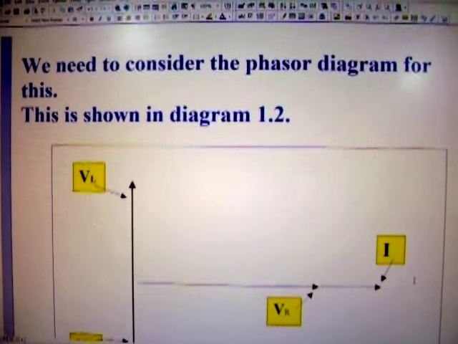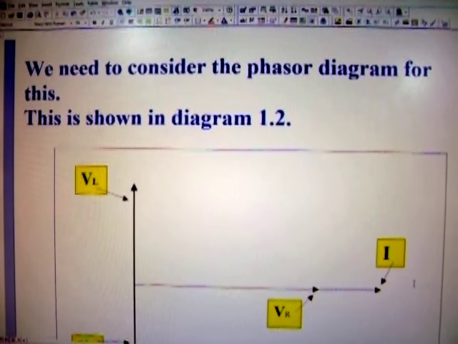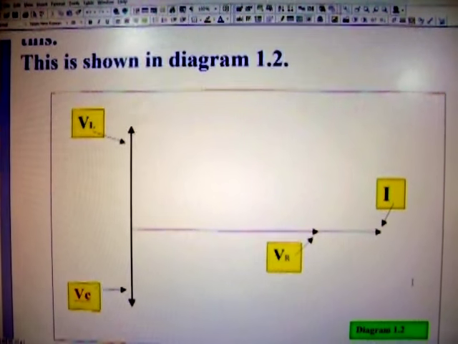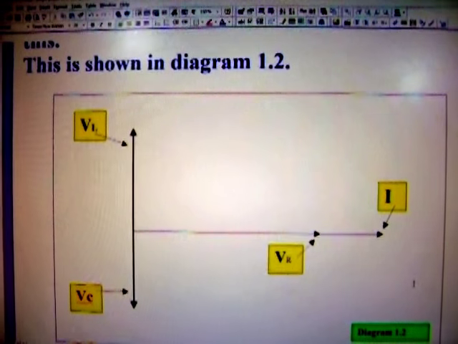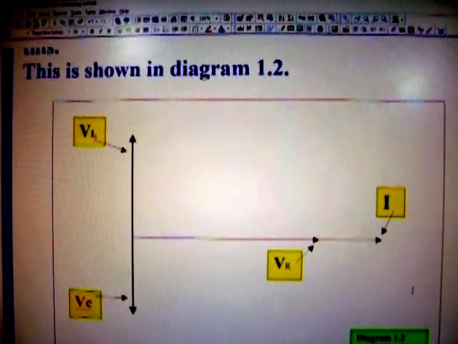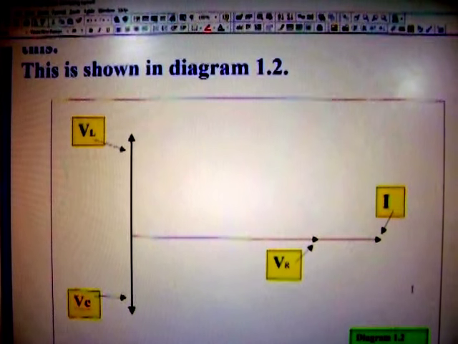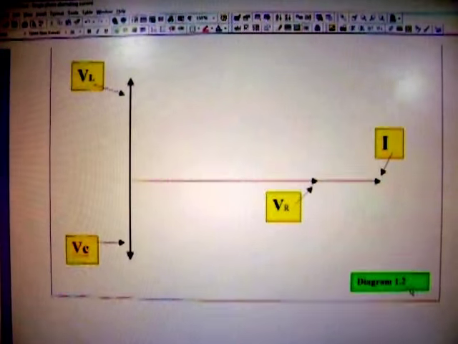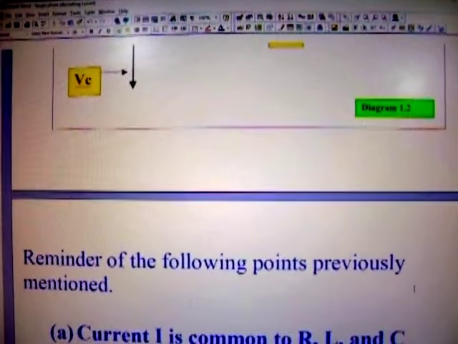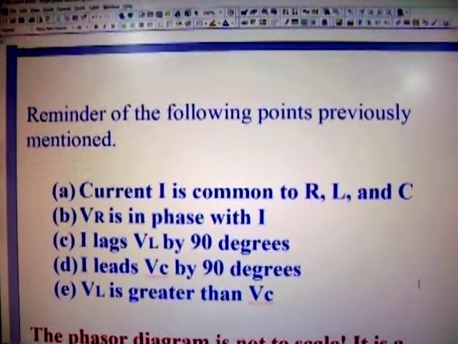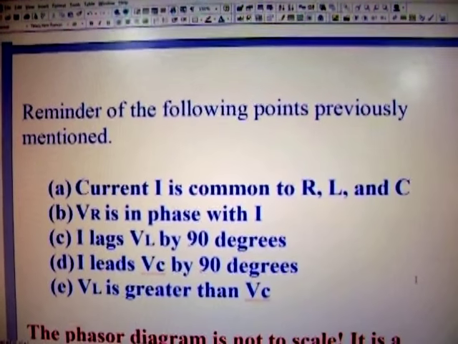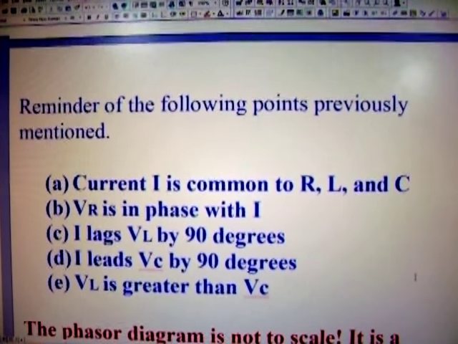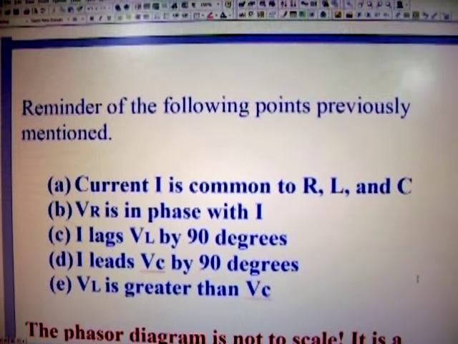Now be aware of the phasor diagram. It is only indicative at this point in time. The phasor diagram, when you've done the calculations, can be drawn out in respect to the given values of voltages which you have measured and calculated. Now, a reminder of the following points previously mentioned.